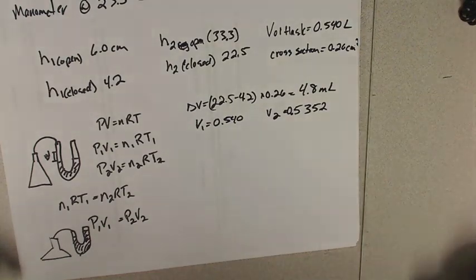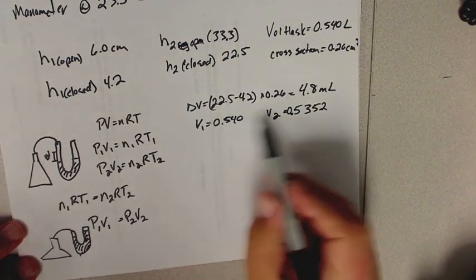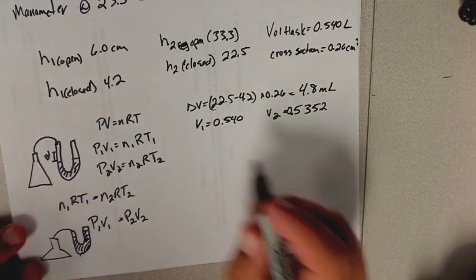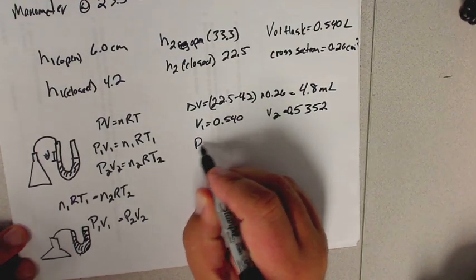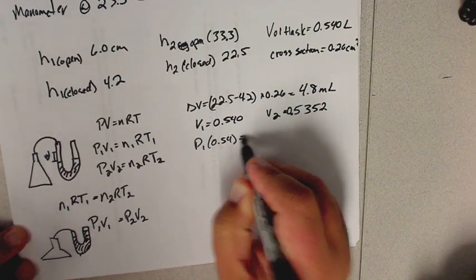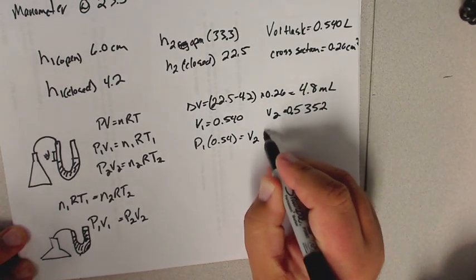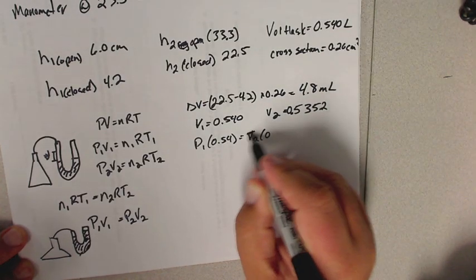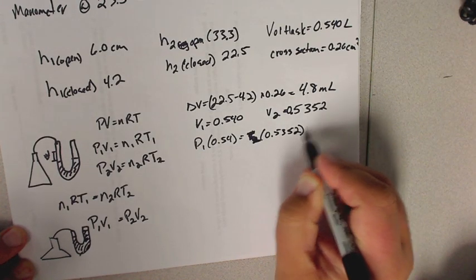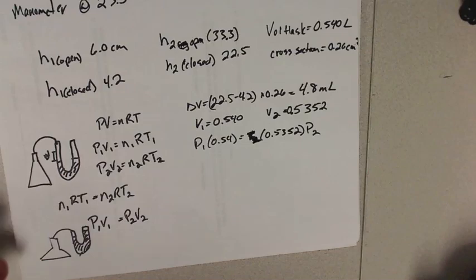Those are our volumes. Now we've got a volume on each side. We've got P1 times 0.54 equals P2 times 0.5352. Now we have to figure out how to relate the pressures to each other.